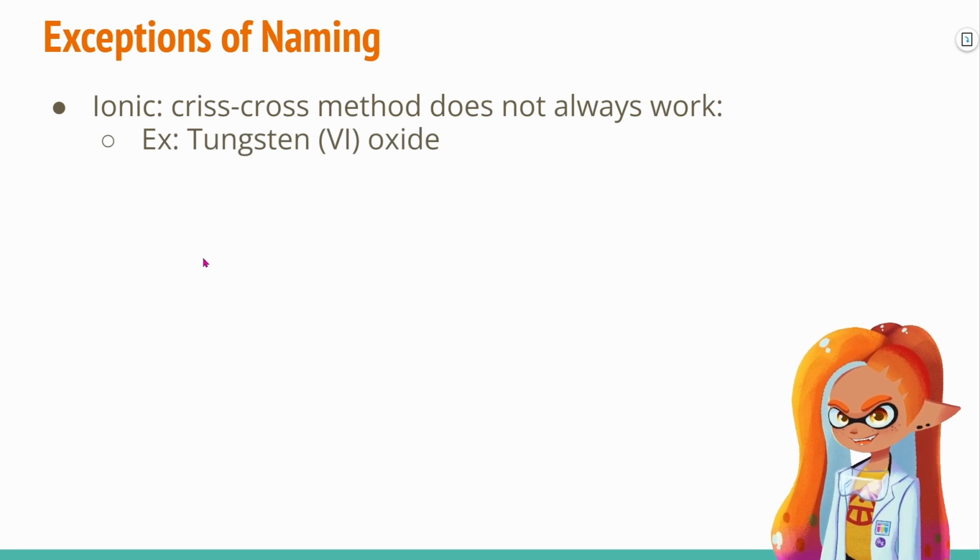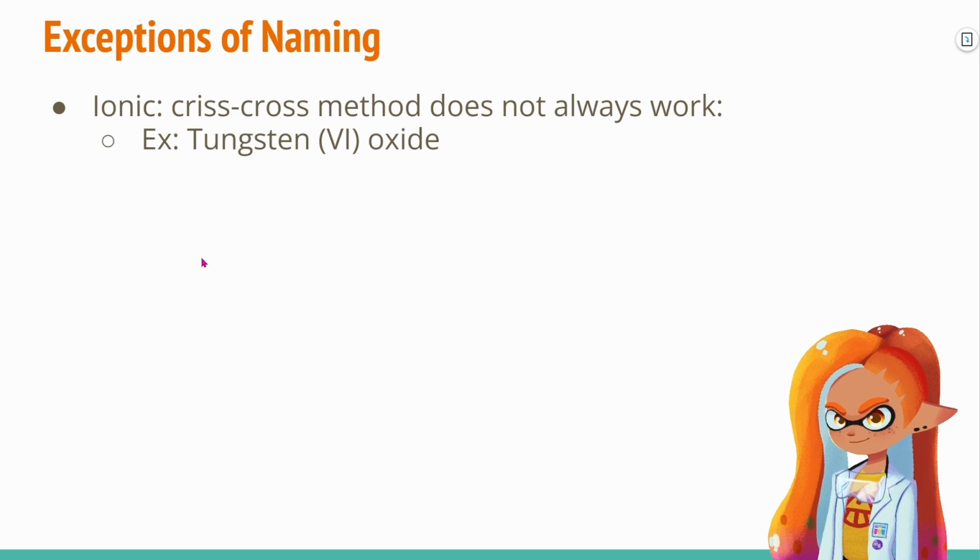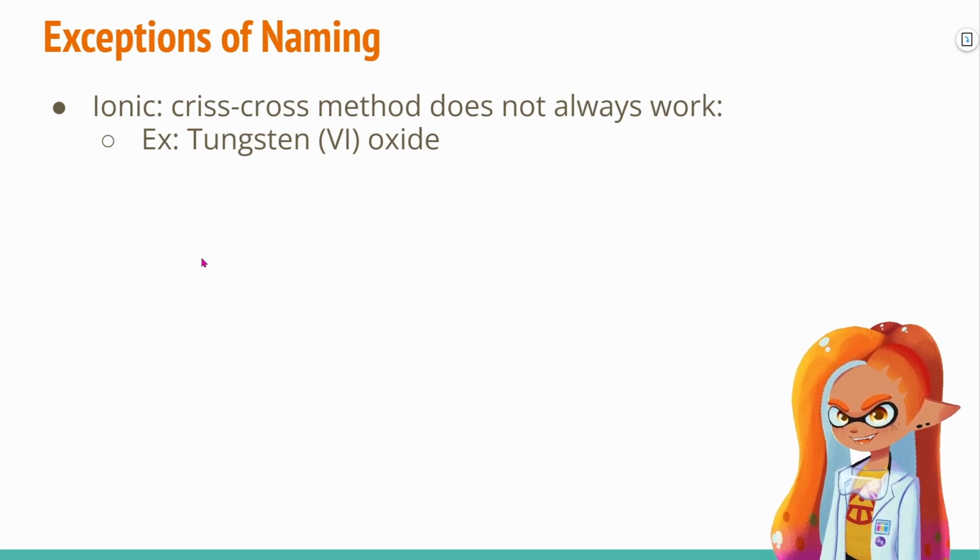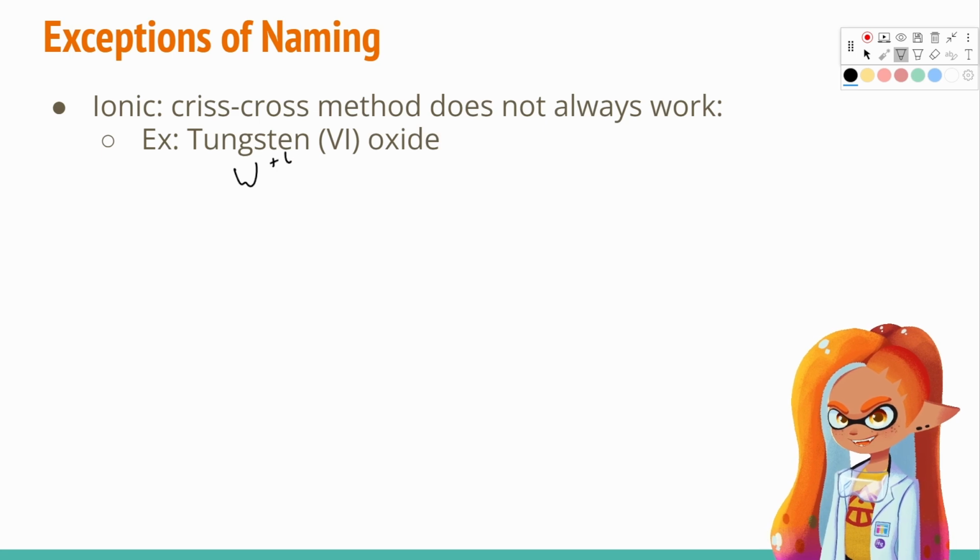An example of this is tungsten 6 oxide. As a reminder, the Roman numeral is a 6. So I'm going to go ahead and just write that down. Tungsten is W plus 6. Oxide is oxygen, and on the PT, it's under the -2 charge. So I have -2.